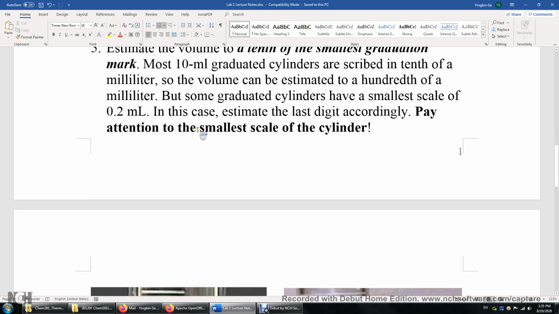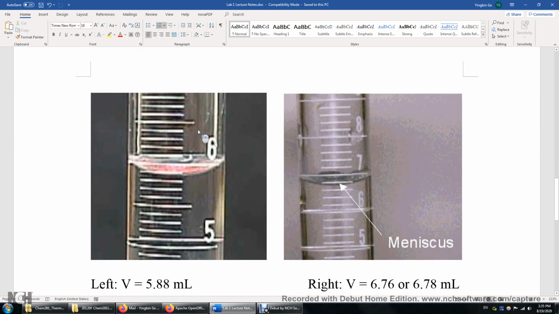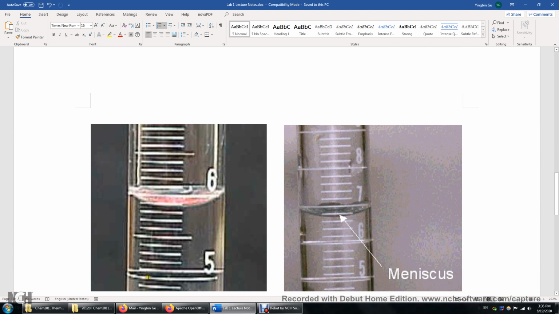Now let me give you two examples. If you look at this graduated cylinder on the left, you have a liquid, and this is the curvy liquid surface. The lowest part, this part, is the meniscus. First, you need to look at this number 5 and 6 and count the number of scales in between. There are 10 of them. Therefore, the smallest scale is 0.1 milliliters. And therefore, this is 5.8, this is 5.9.